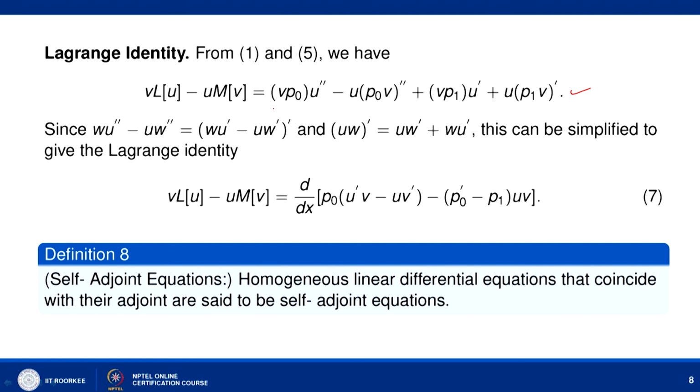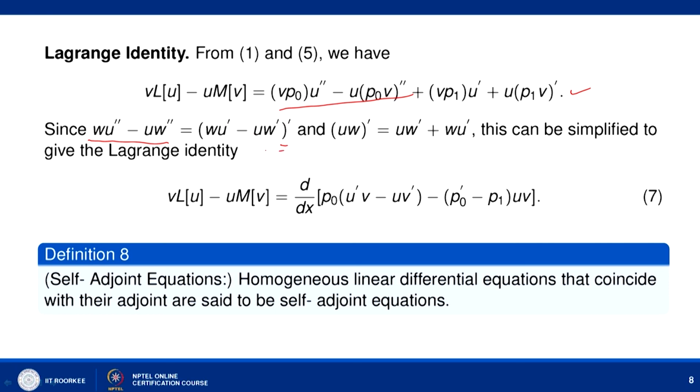Now let us look at this term: v P0 u double dash minus u P0 v double dash. Here we use this identity: w u double dash minus u w double dash can be written as w u dash minus u w dash, whole dash. How can we write it?